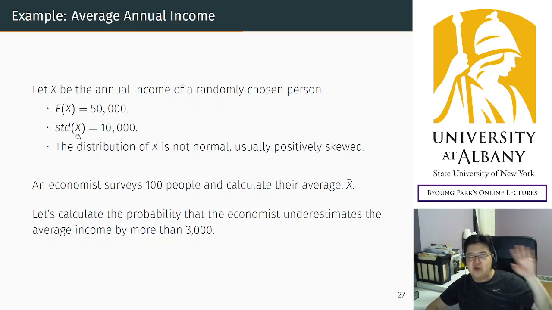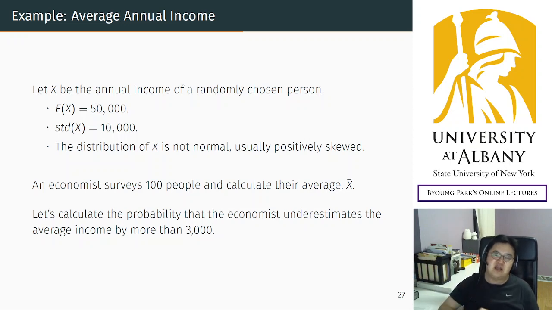We know the mean and the standard deviation from, say, IRS data. IRS has the full data set about income, so IRS tells you the mean and the standard deviation, but you don't know the exact distribution of the income.